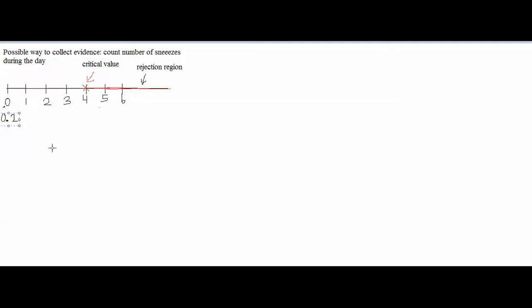So we need to start with the probability of 0. Let's say that there's a 0.15 chance of me sneezing 1 time on a day when the null is true. So let me write these under here.